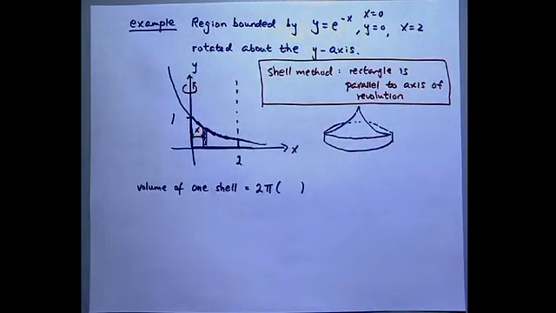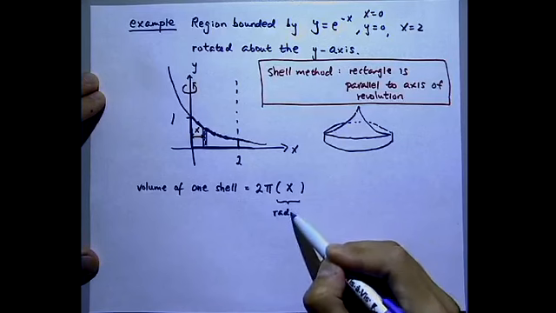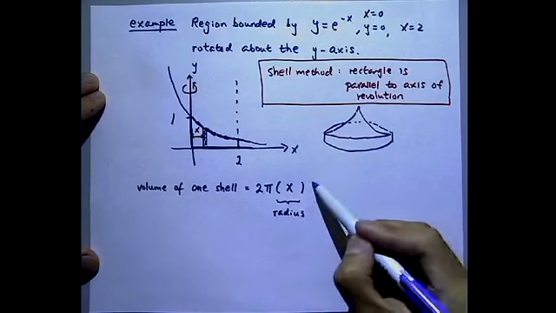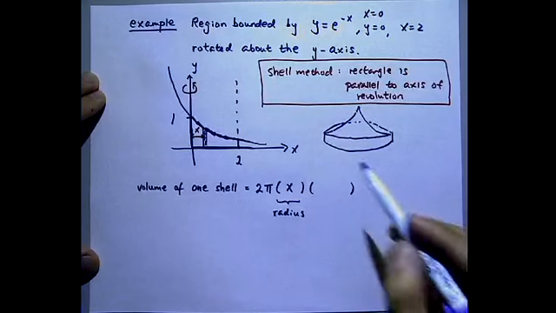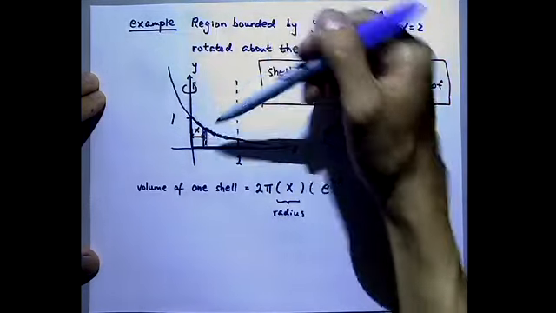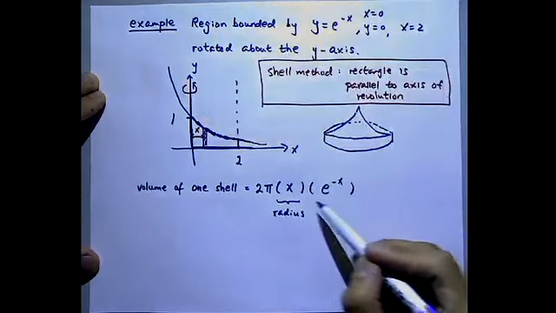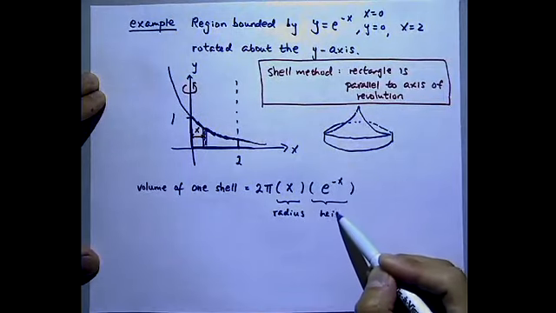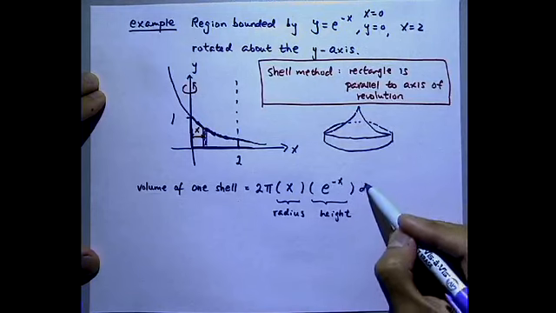Because the rectangle forms the outer wall of the cylindrical shell. So x. So that's my radius. Height. E to the minus x, right? That's determined by the top curve minus the bottom curve, which is 0. So here's the height. Thickness, dx.